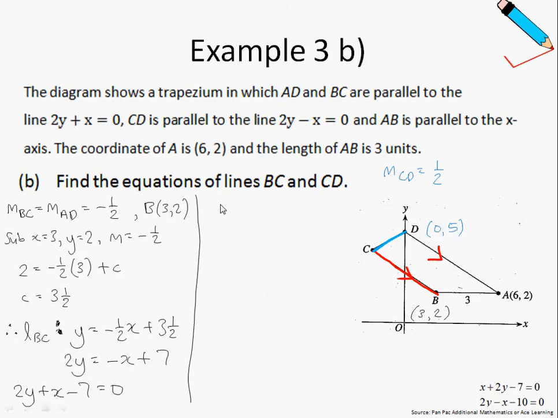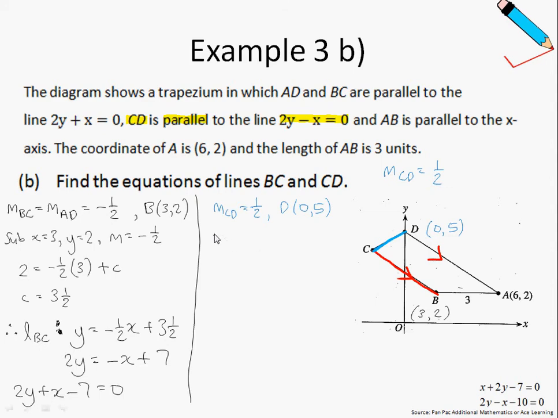So I have gradient of CD to be half and point D to be (0, 5). If you have forgotten how we got our gradient CD, we got it from this equation over here, since CD is parallel to this line. If you have forgotten, please rewind the video to the first portion of example 3a.